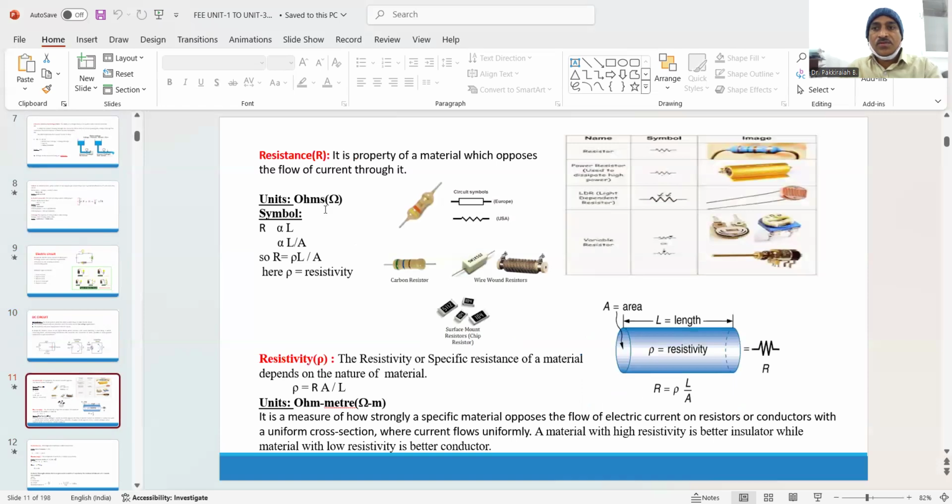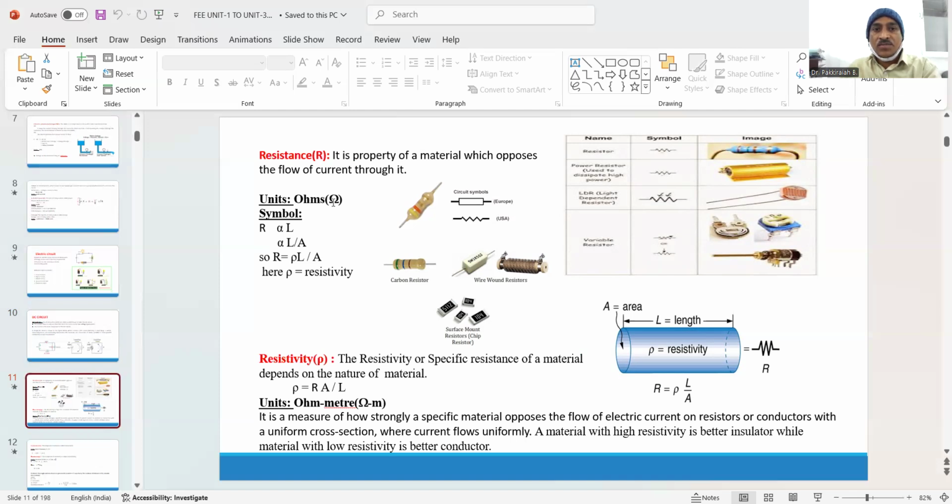Now, we will see some of the elements like resistor, inductor, capacitor. Resistor means it is an electrical property, represented with R. It is the property of the material due to which it opposes the flow of the current I. That property we call resistance, represented with R only.